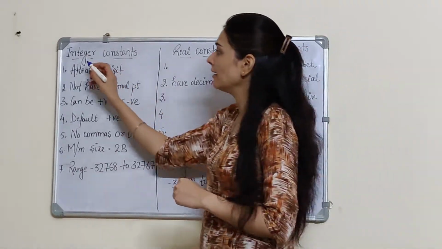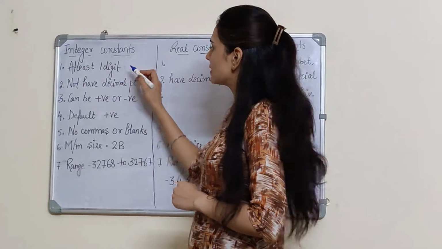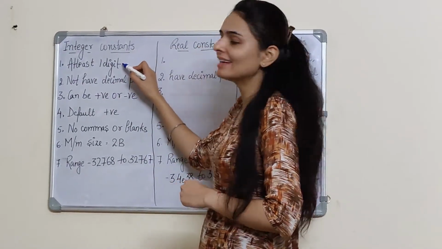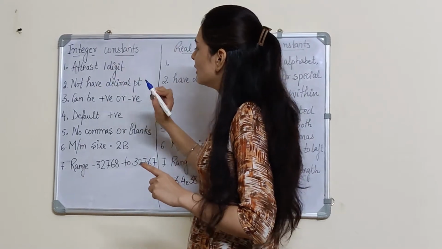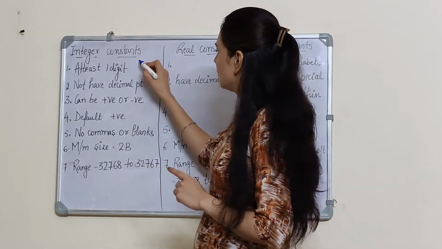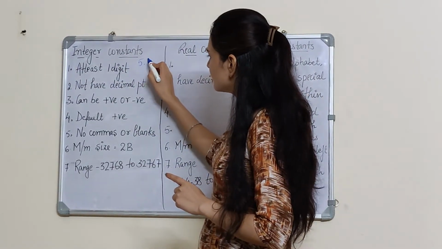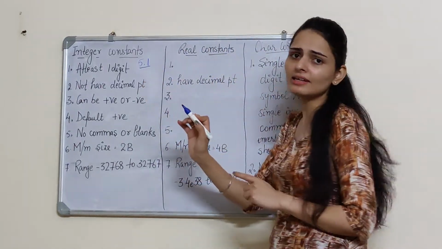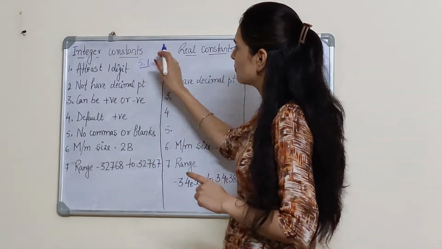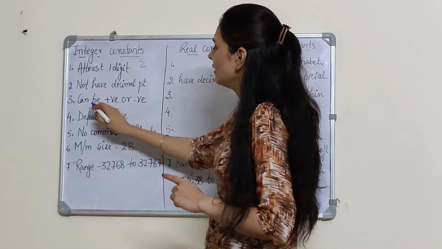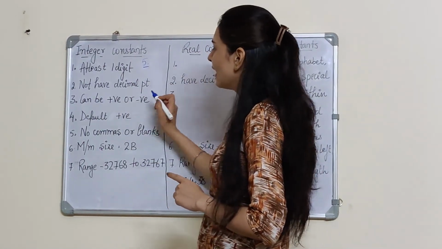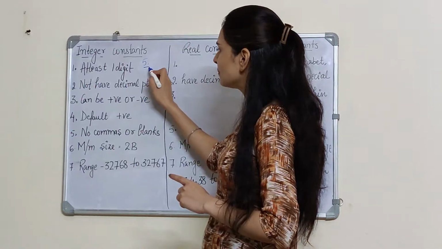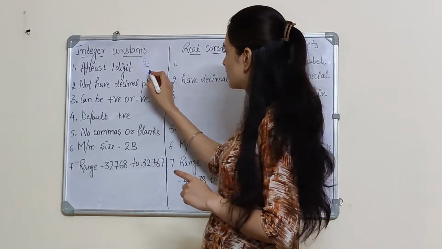Let's have a look at that. For integer constant, there must be at least one digit present. Then it should not have any decimal point. For example, this decimal point, this is not a valid integer constant. So this point cannot be there. Then it is either positive or negative, and if we do not provide any sign, then by default the sign is taken as positive.